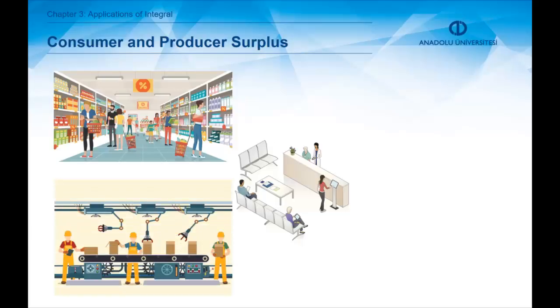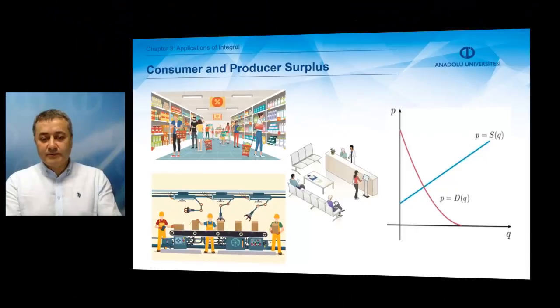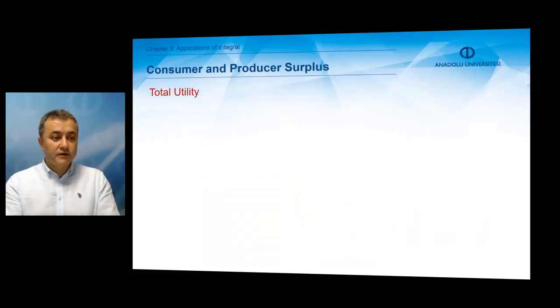Similarly, the supply is the amount of a product per unit of time that producers are willing to sell at various given prices. If we denote the demand by D and the supply by S, these functions have such graphs, and they may be denoted like this. In this graph, Q is the quantity and P is the price of this commodity.